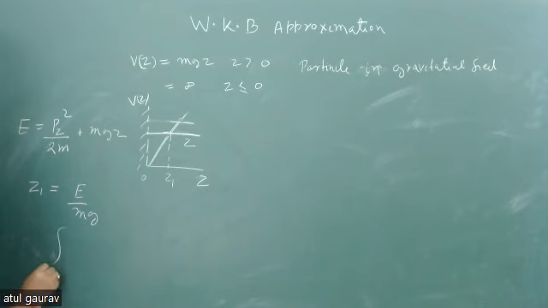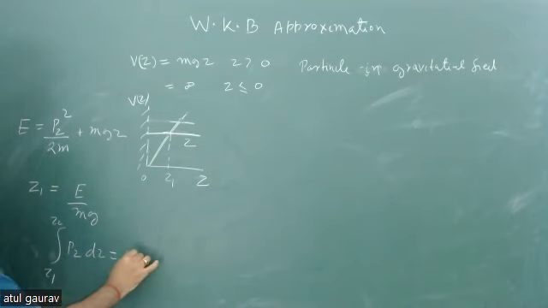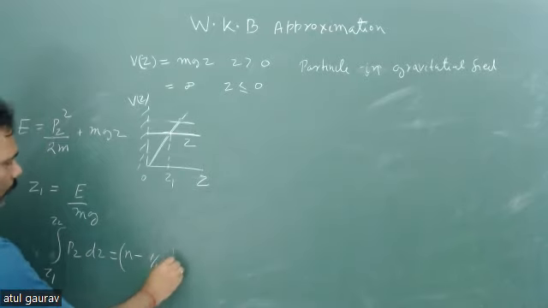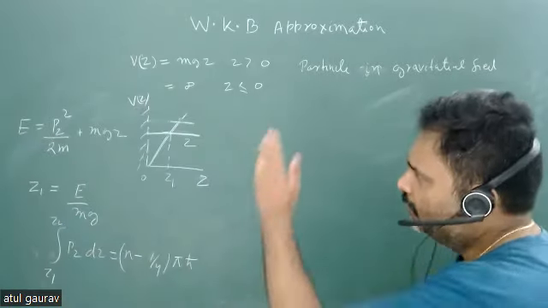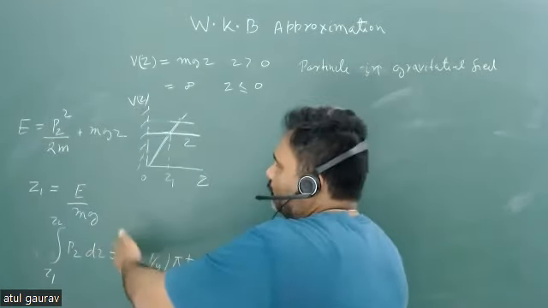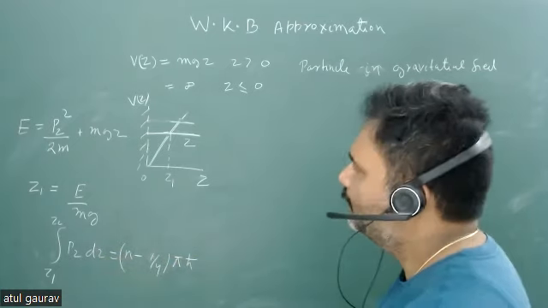And we have to go from Z1 to Z2, integral of Pz dz. And what will be the boundary condition? I can take (n minus 1/4) pi h cut. This is our boundary condition because one end is rigid in this case. So if this end is rigid, then you have to take this one as the boundary condition.